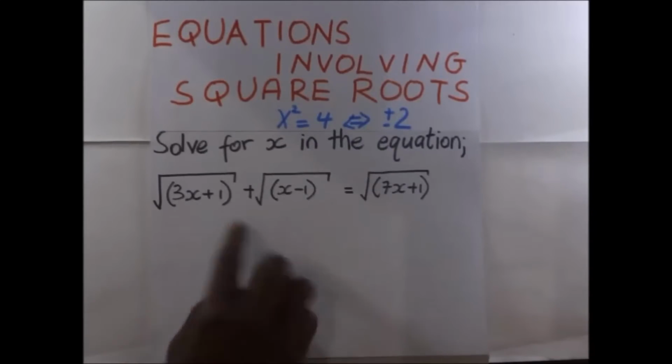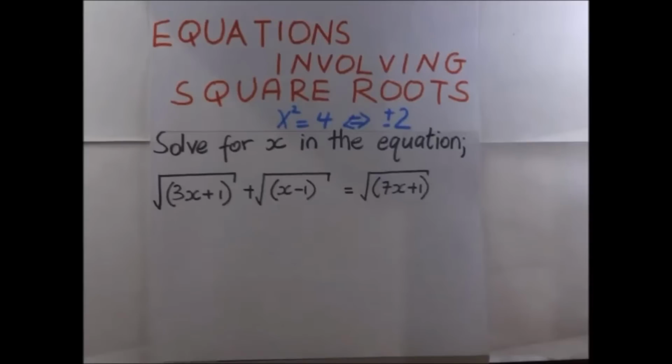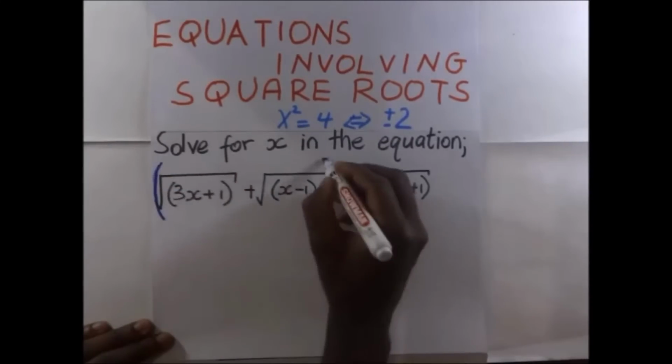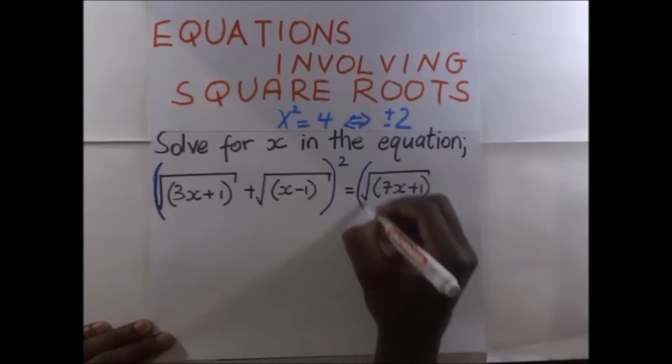So we start. This plus that is equal to that. So we square both sides to get what we want. So it means that we are going to square this side and also square that side.